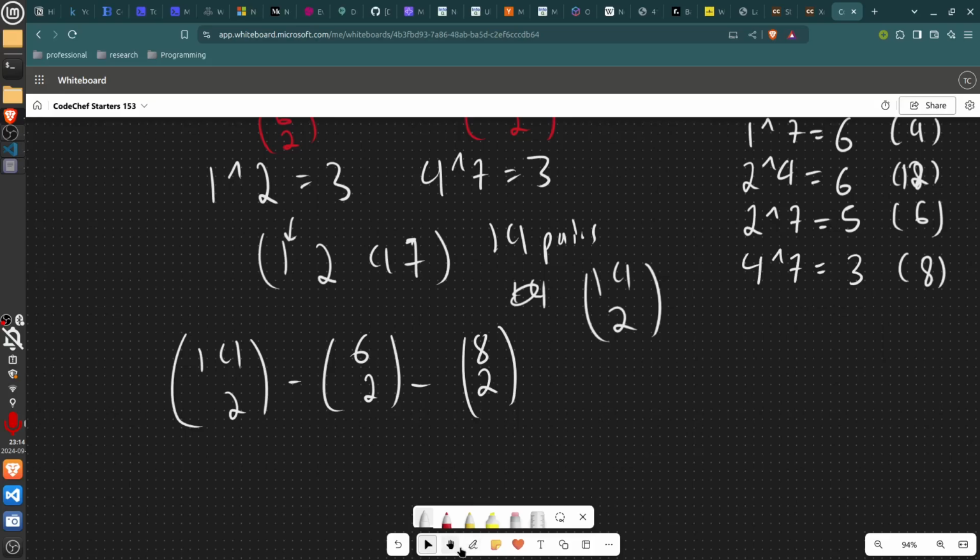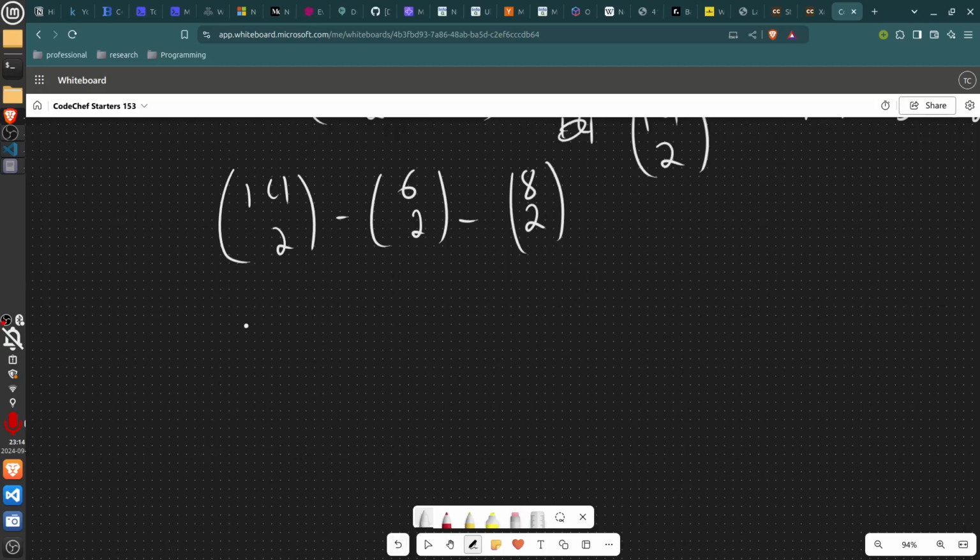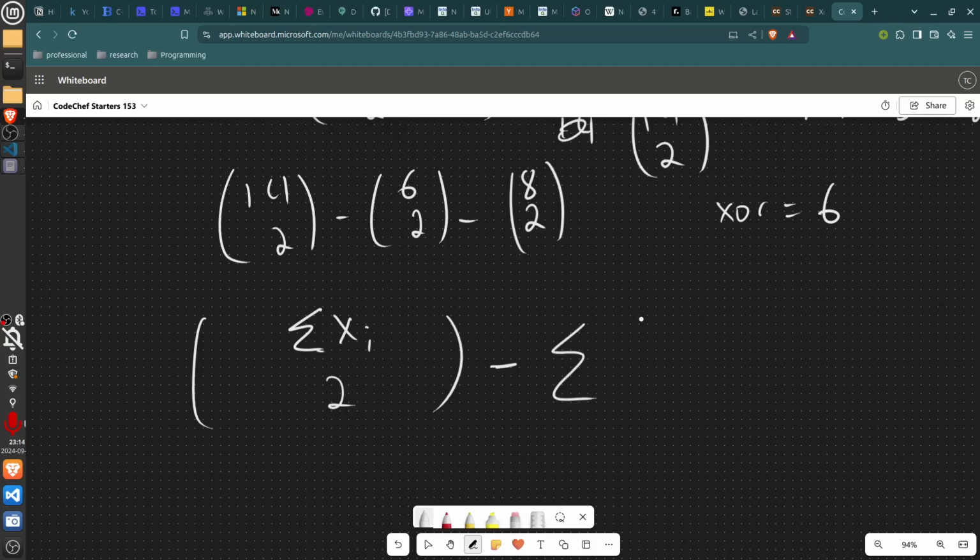If you extrapolate this, it's basically the total number of pairs, where these are all different pairs, but for each of these pairs the XOR is equal to 6 or something, right? You're going to pick 2 from all of these, but then you're going to have to subtract the summation of xi pick 2, where xi is the number of pairs in each block.